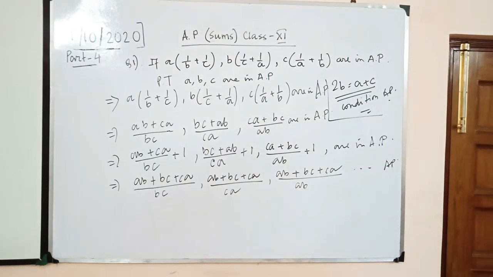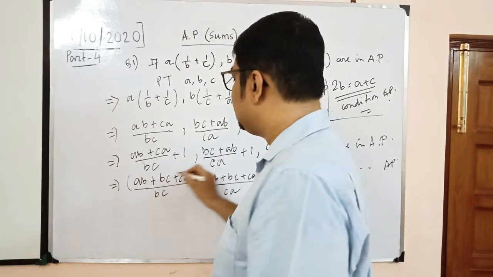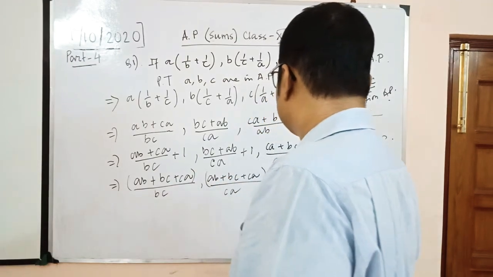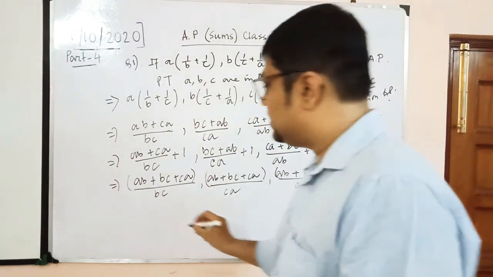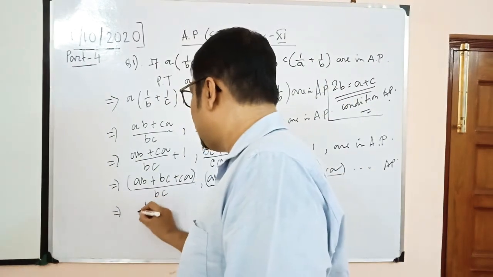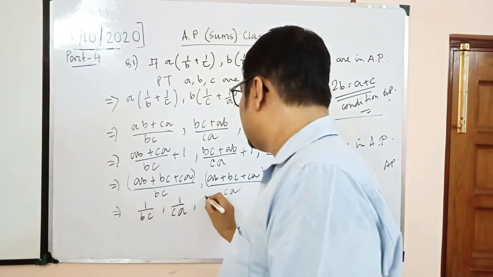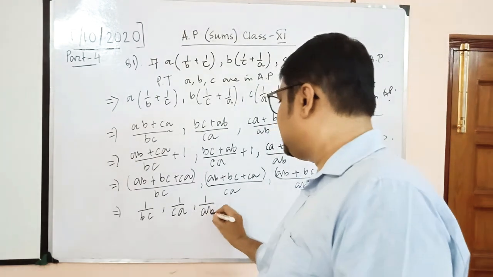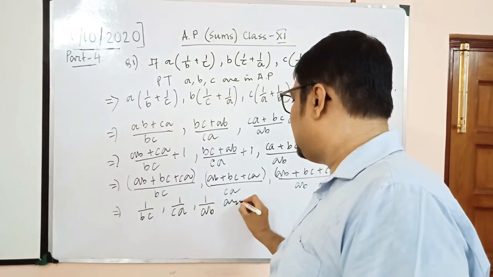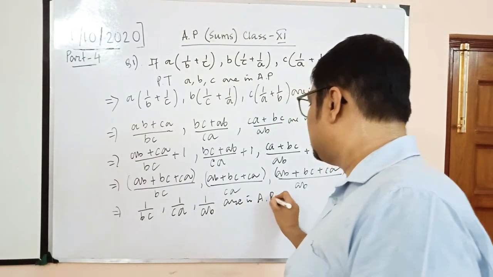Now you know from each of these terms, if we divide by the same thing, that means this is getting divided because of the same numerator. So it becomes 1 by BC, then 1 by CA, and 1 by AB, which are in AP also.